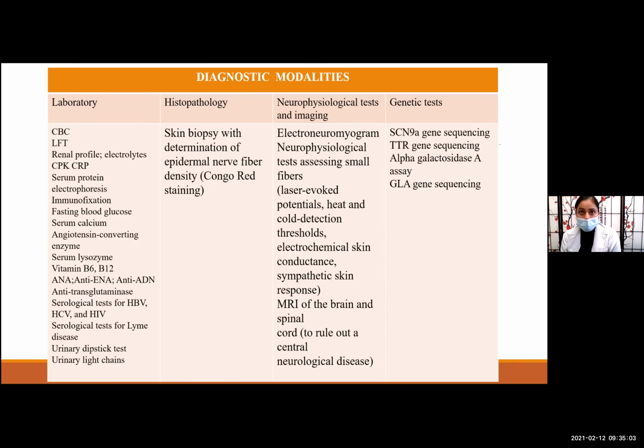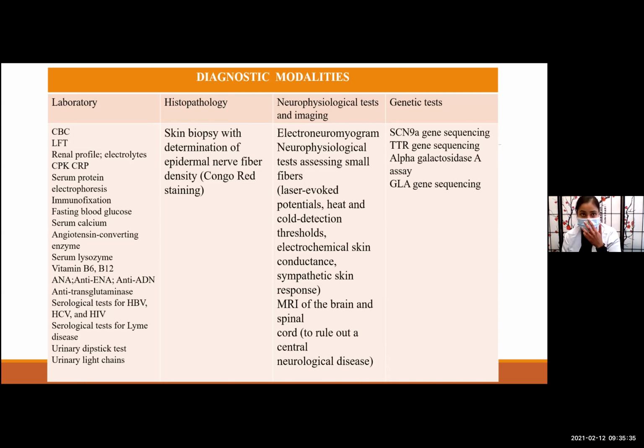So what we're trying to focus on here is the small fibers, and some of the tests are laser evoked potentials, heat cold threshold, electrochemical skin conductance. What electrochemical skin conductance is, is the pseudoscan. We have it here at the clinic. And obviously imaging if the others do not show anything positive, and genetic tests if there are family histories of certain conditions.